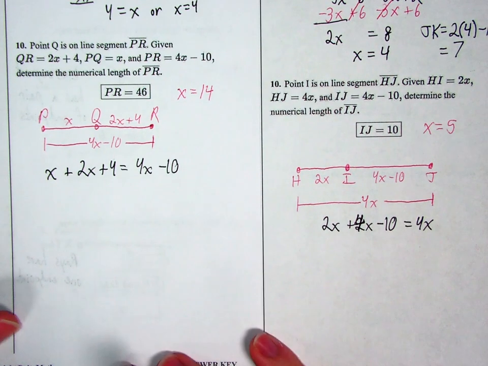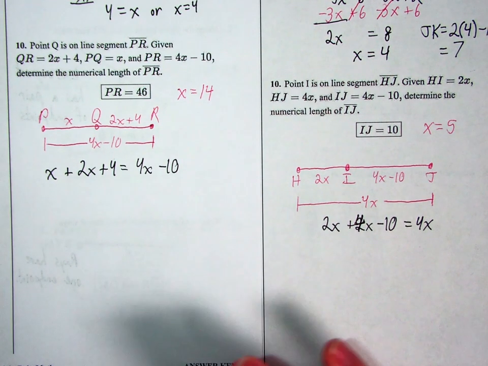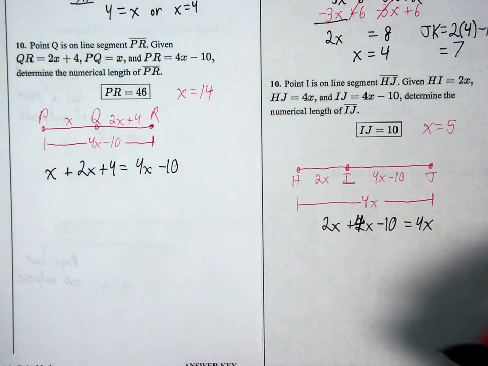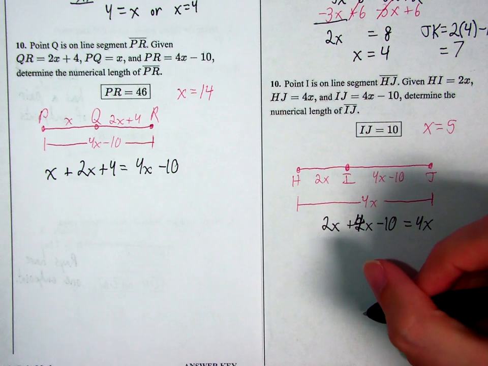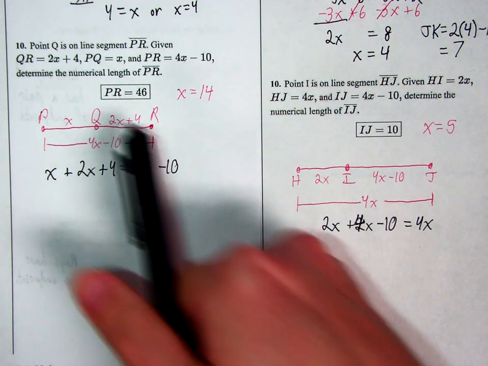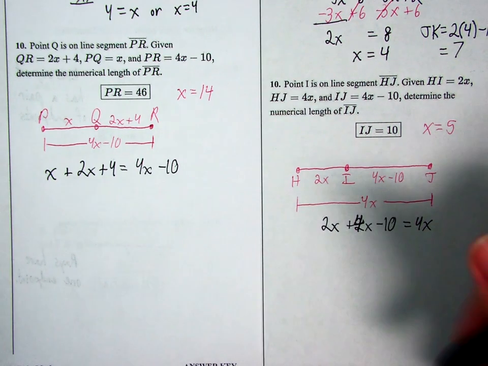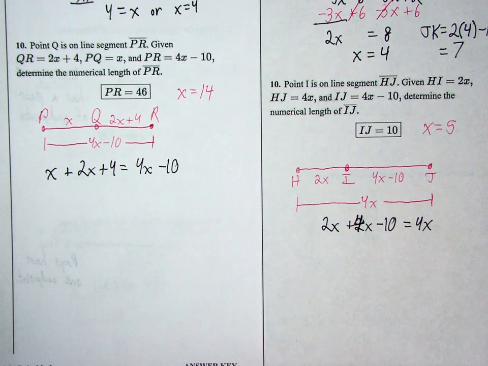Those are the 2 equations you would have wanted to solve to find out what x is. Once you had x, you would want to take your answer and plug it in to find PR and IJ. That is the little bit of review here.